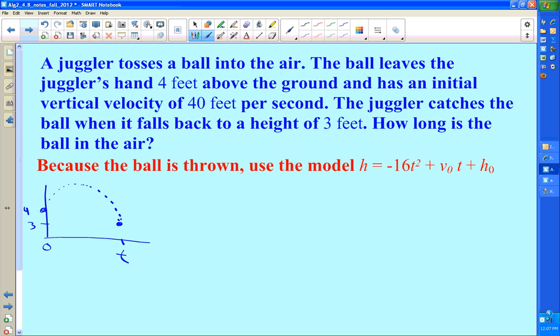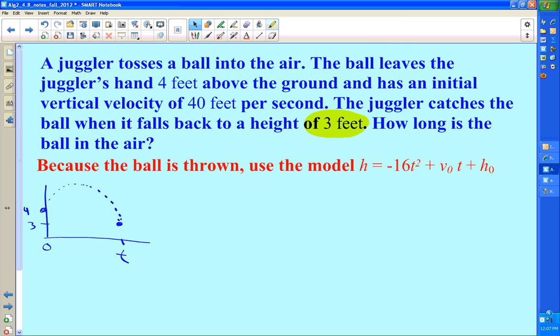What do you know about the ball when it's caught? Do you know the time or the height? If you knew the time, we wouldn't be asking you to find it, would we? You know the height. What is the height when they catch it? Right here, 3 feet. Where do you plug the height? In for the h of t.